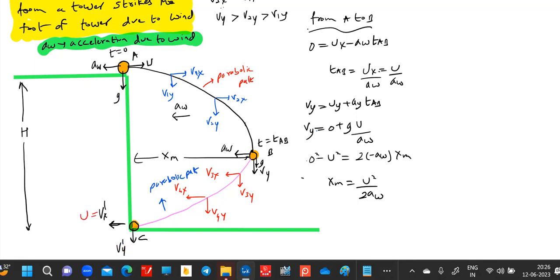Sir, how can you say that Vx dash should be equal to u only? You look at this one again. For the path from B to C, we'll apply the equation along the x-axis: Vx dash squared minus 0 squared equals 2 AW xm.